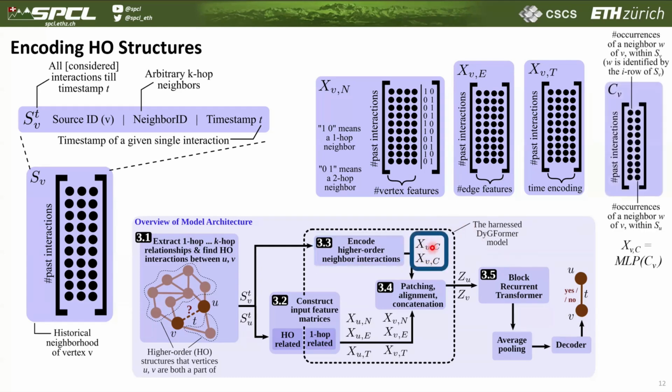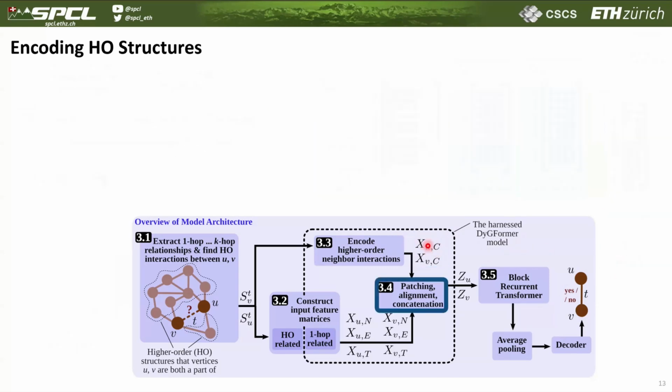These are included in these matrices X, U, and C. These are quite simple matrices, and all they do is encode the shared counts of neighbors between different vertices. If we would like to encode triangles, for example, all we need to encode is shared vertices between these two vertices V and U at different points in time.